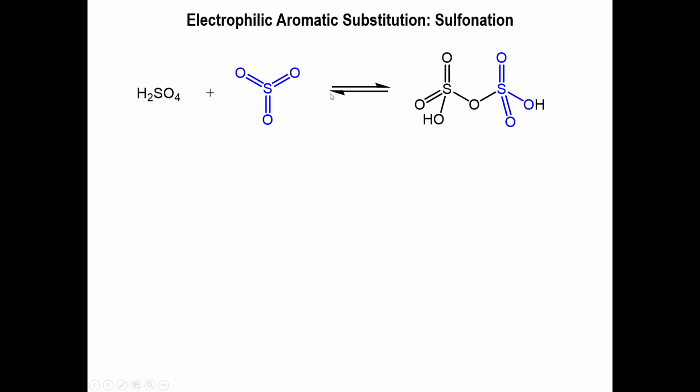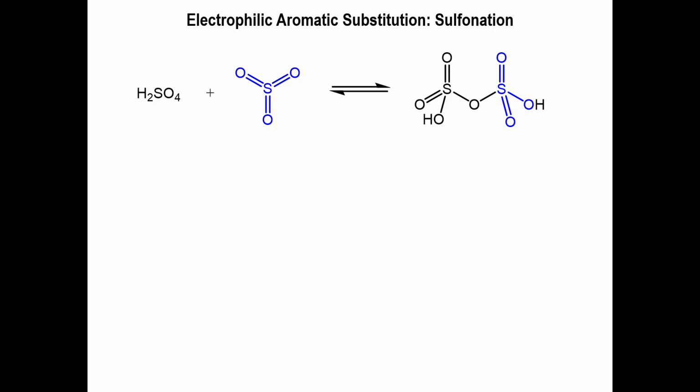Okay, so before I show you the mechanism of the sulfonation reaction, it is worth mentioning a couple things about sulfur trioxide. This often gets overlooked in many textbooks, and having an inorganic chemistry background, I feel like I should probably tell you a little bit about it, if for anything, just so that you're aware of how this works out.